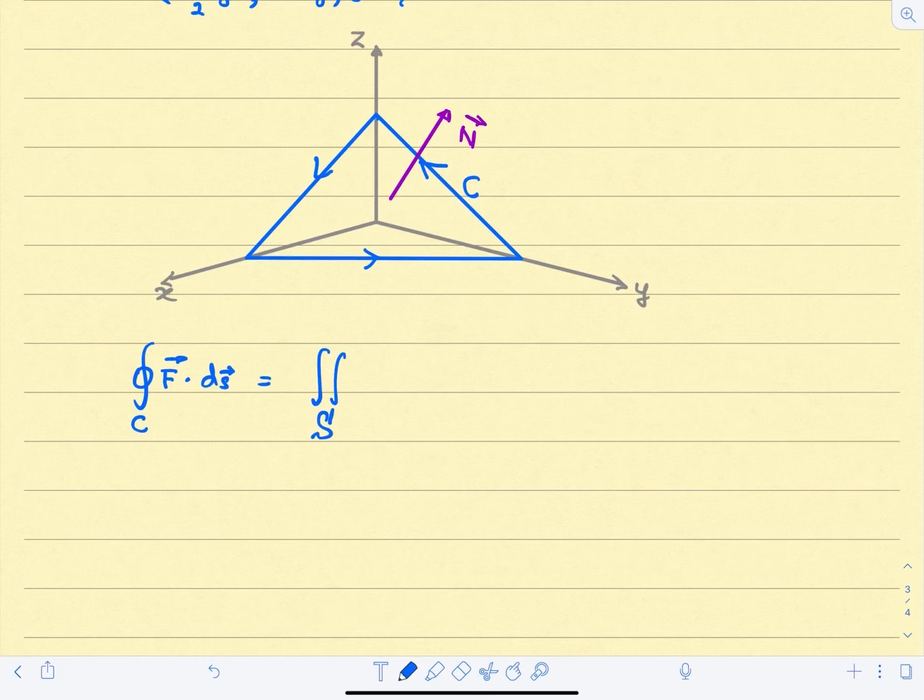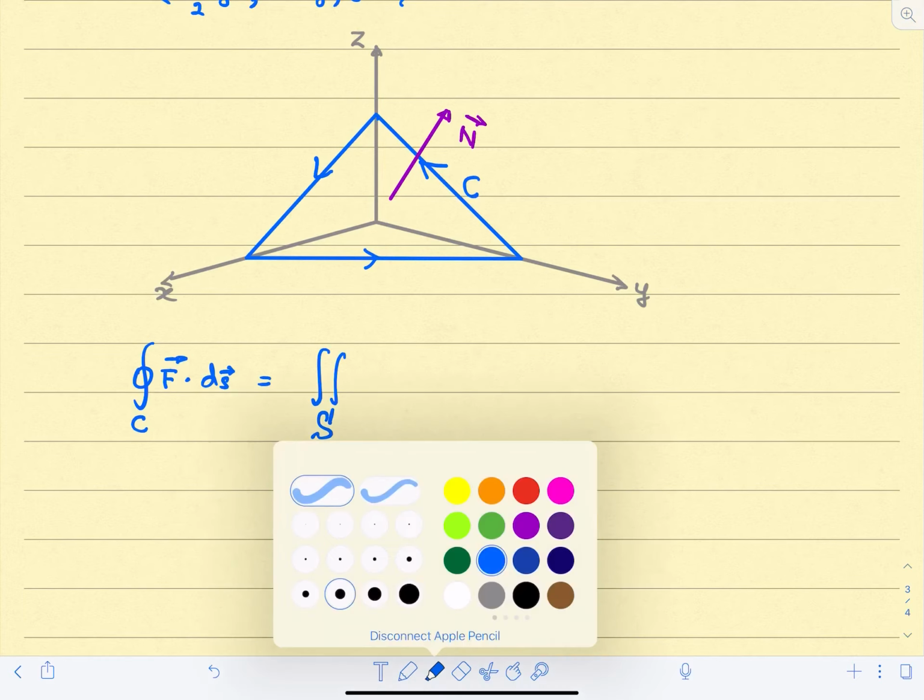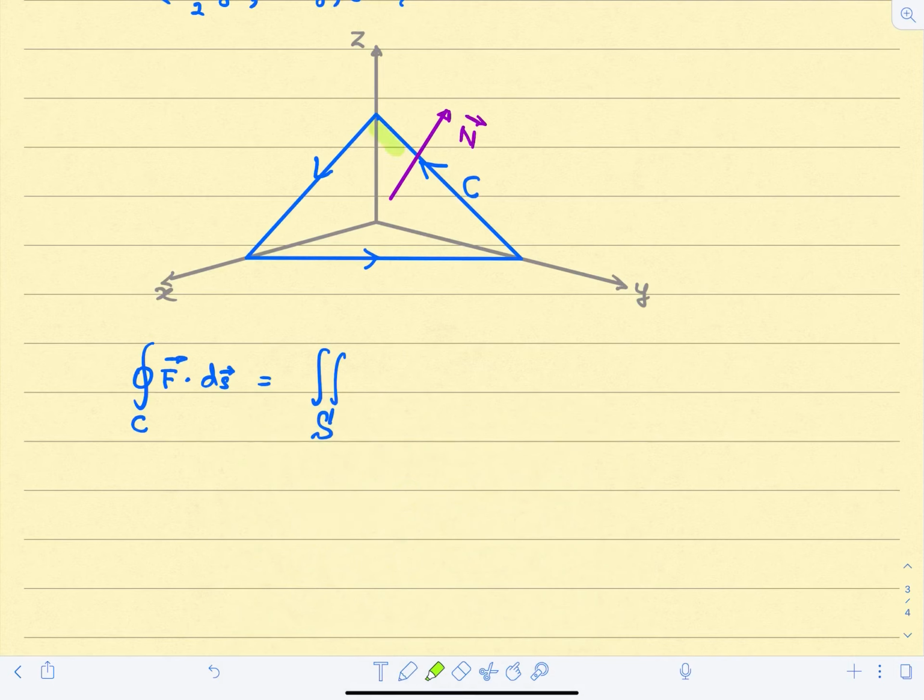Now what is your S? Your S is this part. That's your surface S. The integrand should be curl of F dot n dS. So we need two things.